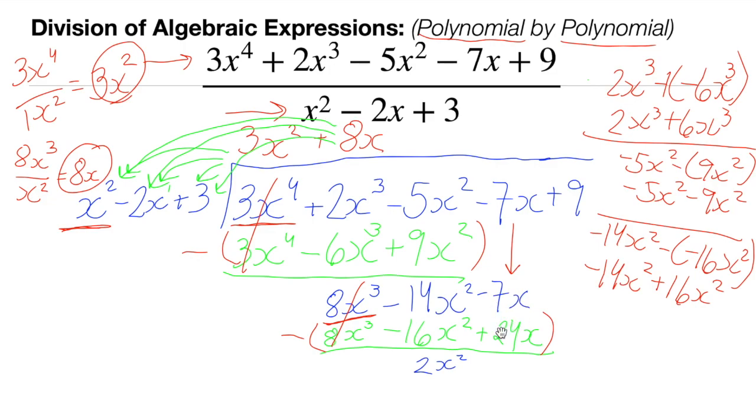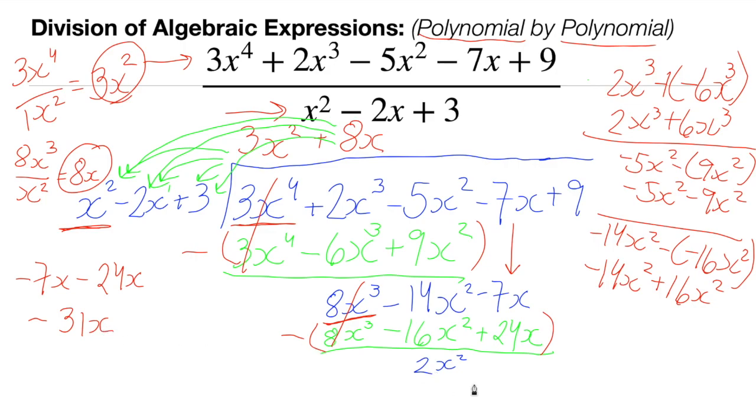And then we're going to do this negative 7x minus positive 24x. So let's do that in calculations. Negative 7x minus positive 24x. I think it's okay not to write the parentheses anymore. They're both negative, so we combine them and copy the sign, which is negative. 24 plus 7 is going to give us 31x.